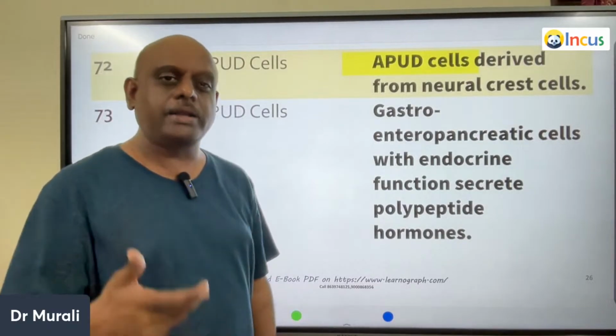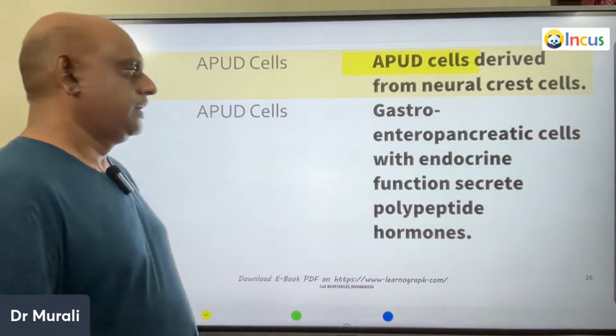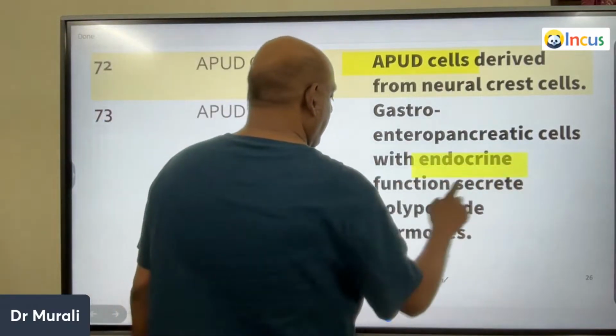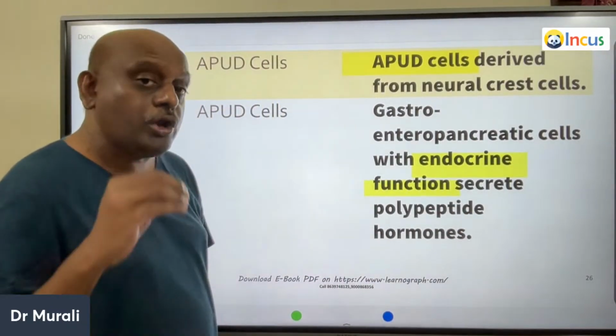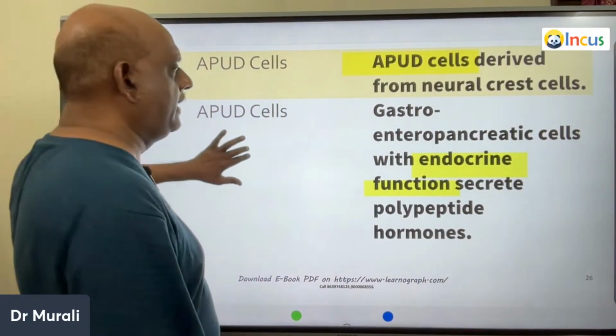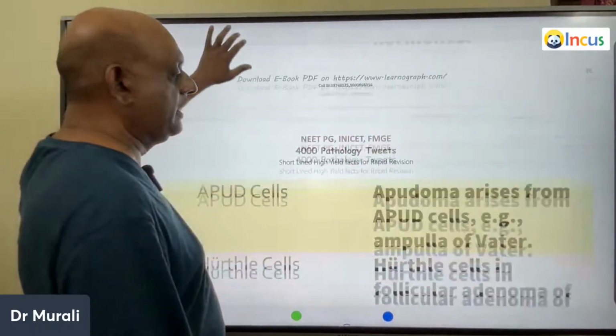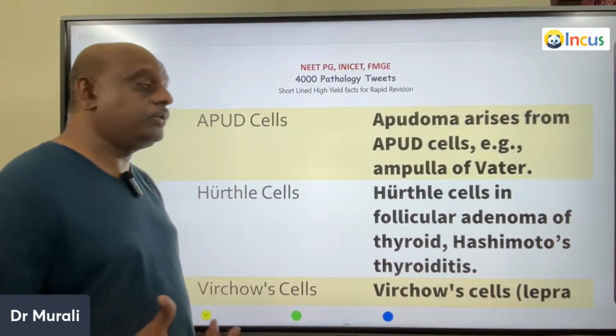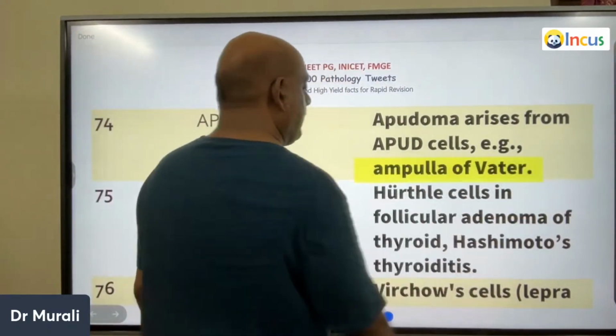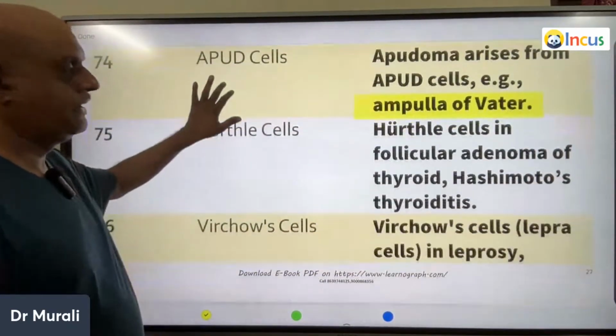They are gastro-entero-pancreatic cells which have an endocrine function, and they secrete polypeptide hormones. Then what is apudoma? It derives from the APUD cells, typically from the ampulla of Vater.